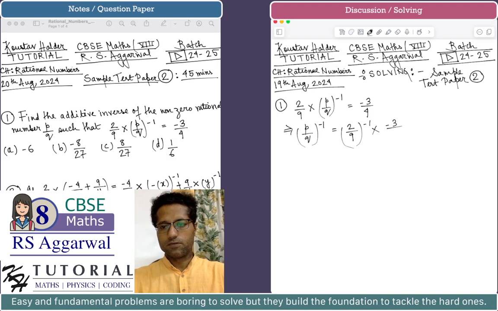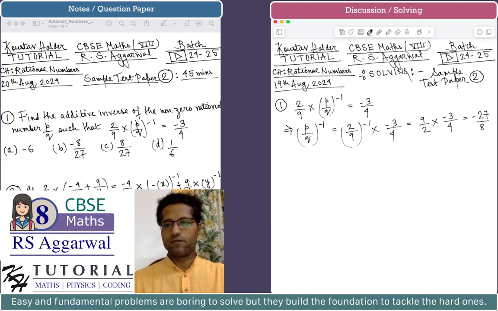So we have this. Now this is equal to the multiplicative inverse of 2 by 9, which is 9 by 2, multiplied by minus 3 by 4. Okay, and this is equal to minus 27 by 8. So we have the multiplicative inverse of the rational number p by q is minus 27 by 8.